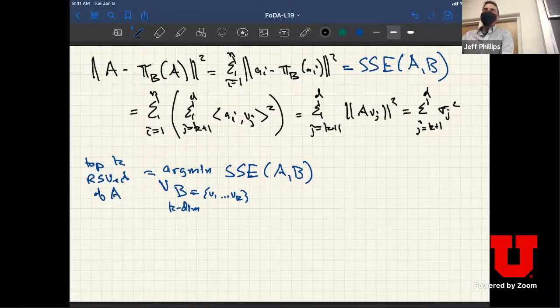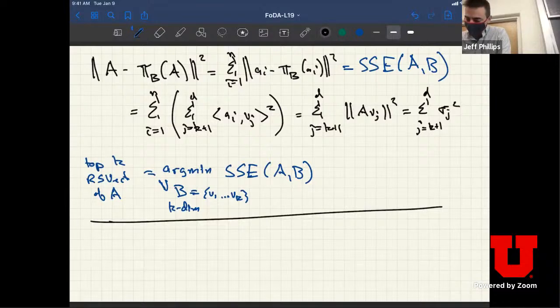Okay, so another perspective on this is that I want the rank of B to be equal to K. I've been nebulous about exactly what B means. I've said it's defined by this basis of these K orthogonal vectors.